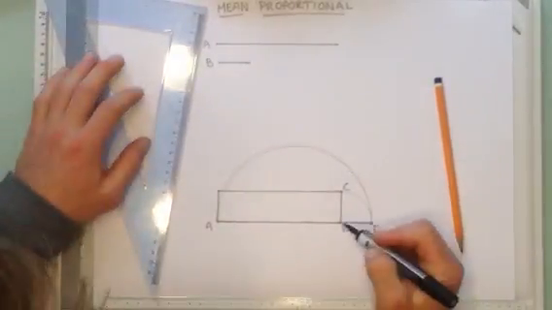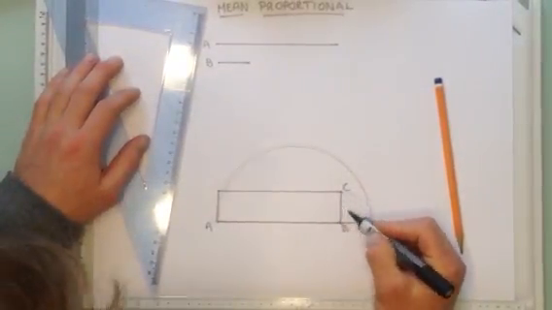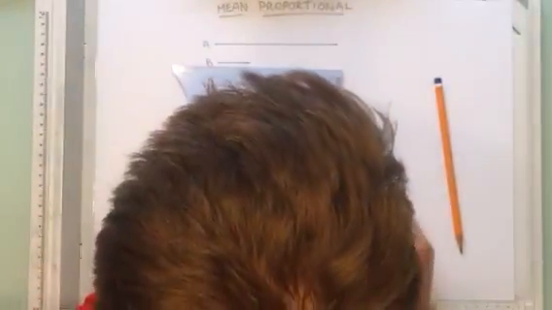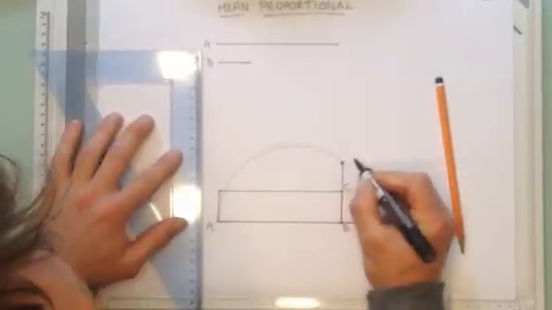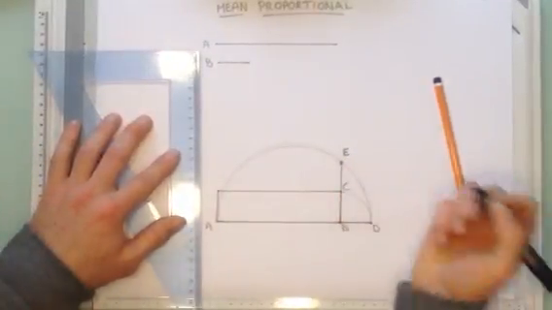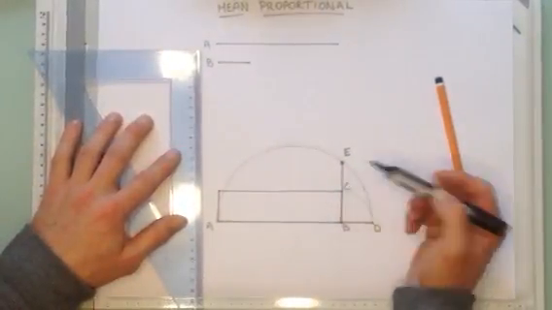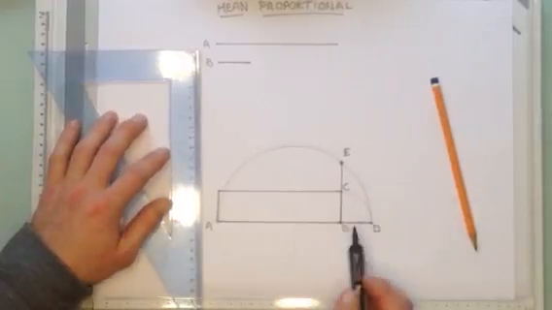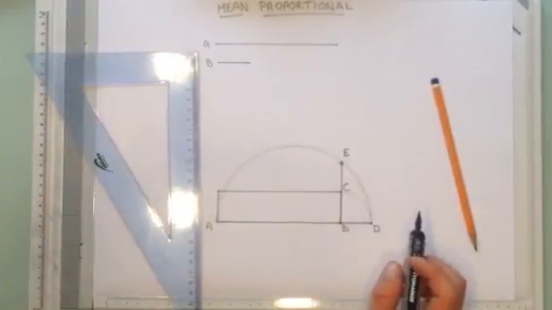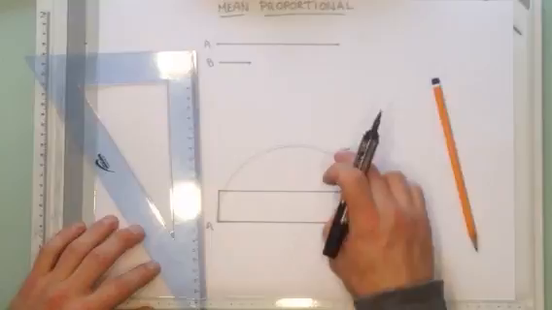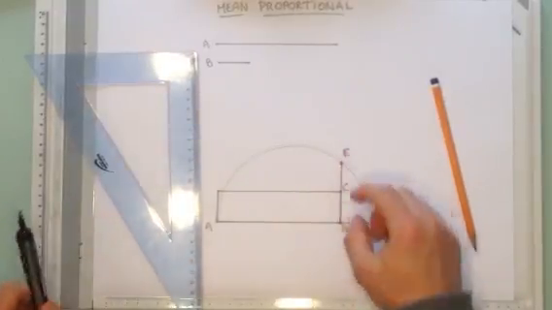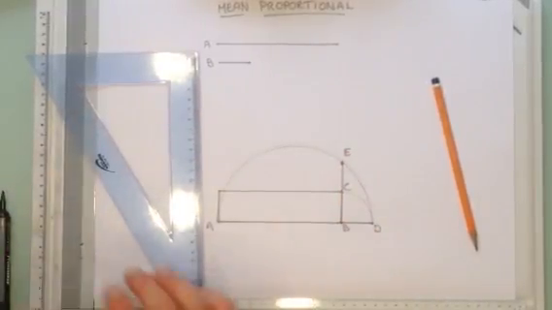So from there then, basically all I have to do is extend the line BC up to meet the semicircle to get the point E. And basically this line here, BE, is the mean proportional. So what I can do with this line then is construct a square using this as my side.